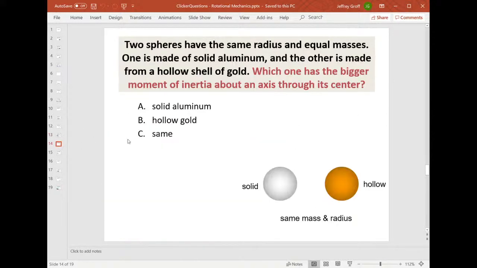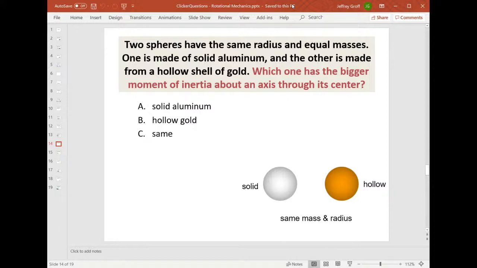All right, here's a question about rotational inertia, moment of inertia. So you have 2 spheres that have the same radius and equal masses. One is made of solid aluminum and the other is made of a hollow shell of gold. Which one would you rather own? No, that's not the question.